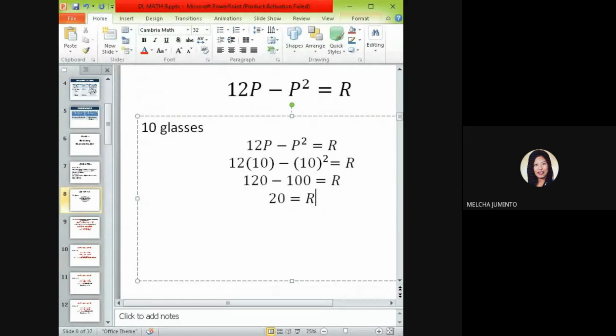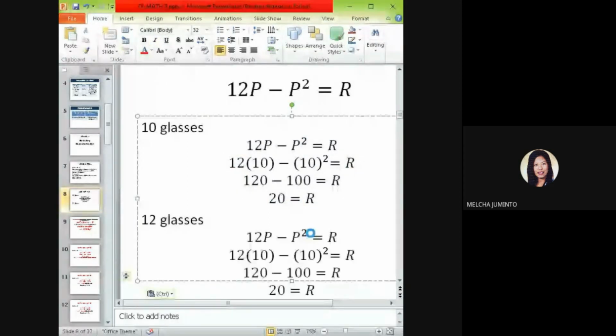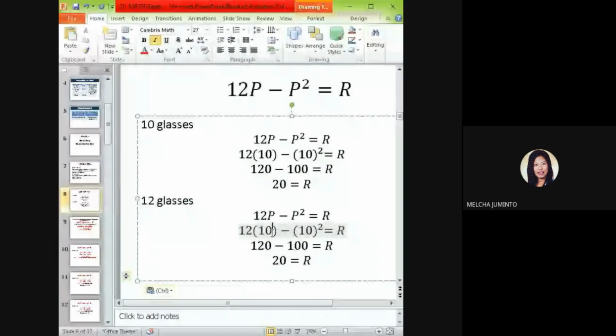Now, let me show you what if I tried to prepare 12 glasses of the same product, same lemon juice. I will be using the exact same equation, but this time, instead of 10, I will be using 12 because I prepared 12 glasses.